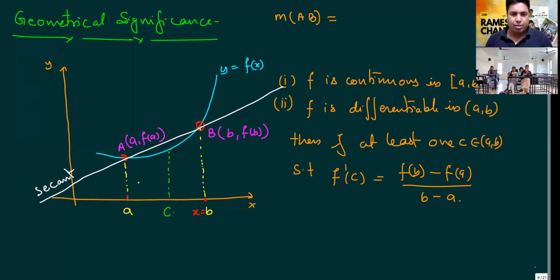The slope of a line, if two points are given, is y2 minus y1 upon x2 minus x1. Here y1 and y2 are f of A and f of B. So the slope of AB becomes f of B minus f of A upon B minus A. Is that clear?